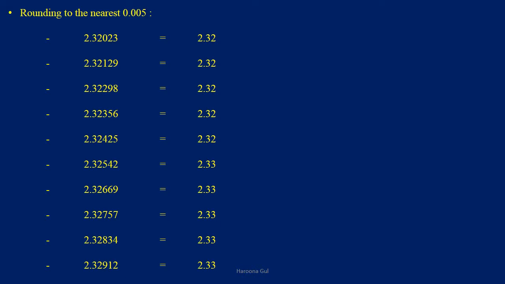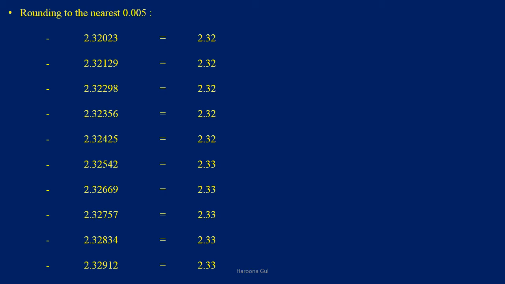In another example, if we are to round off to the nearest 0.005, what we're going to do is look at the thousandths digit, right? This is going to be our target digit. Let's suppose in this example we have 2.32, followed by 0, 1, 2, 3 up till 9. Now we're going to ignore the ten-thousandth and hundred-thousandth digits, right?